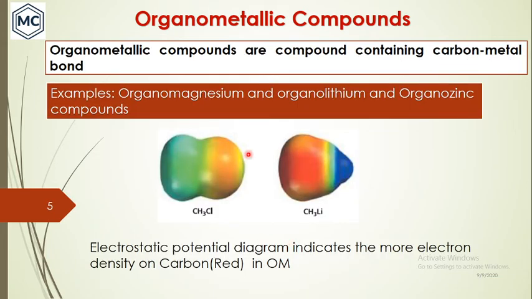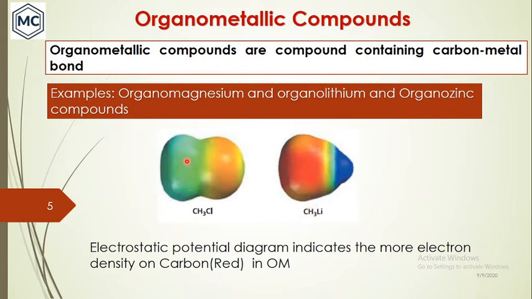So organometallic compounds are compounds containing a carbon-metal bond. Examples are organomagnesium, organolithium and organozinc compounds. In this example you can see the differentiation. This is the electrostatic potential diagram of alkyl halide and alkyl lithium.